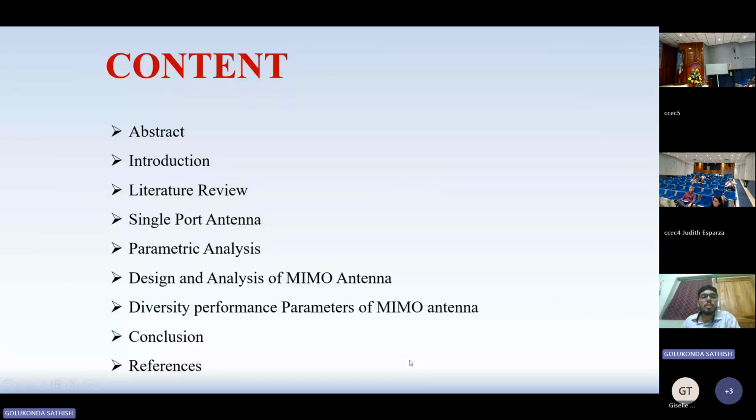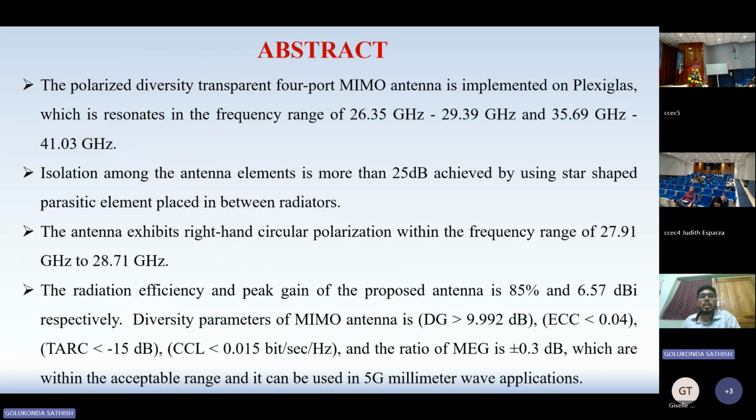Contents: abstract, introduction, literature review, single port antenna, parametric analysis, design and analysis of MIMO antenna, diversity performance parameters of MIMO antenna, conclusion, references. Abstract: the polarized diversity parameters for the quad-port MIMO antenna is implemented on a PMMA glass, which resonates in the frequency range of 26.35 GHz to 29.39 GHz and 35.369 GHz to 41.03 GHz.